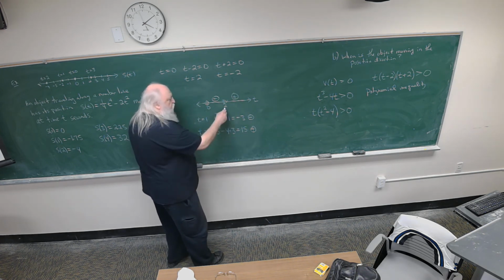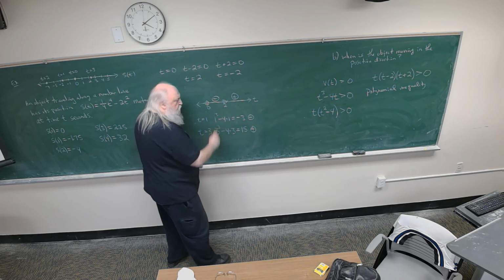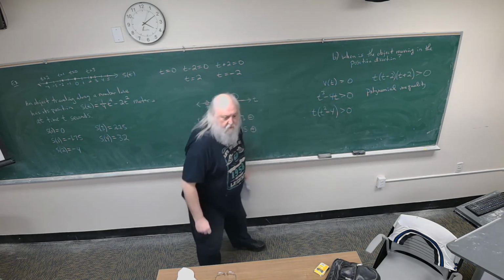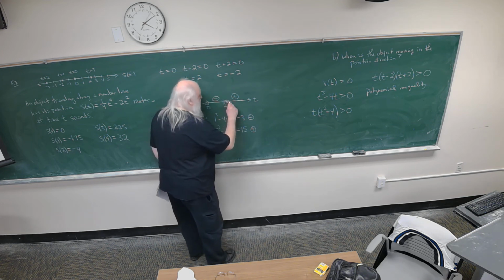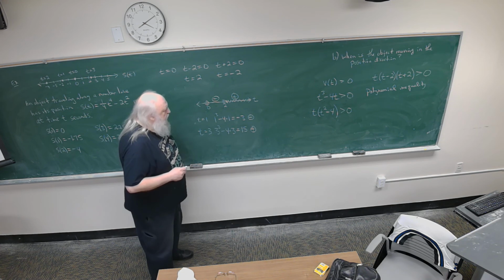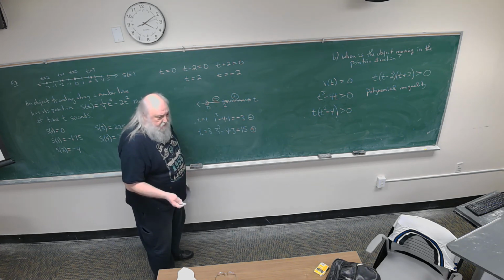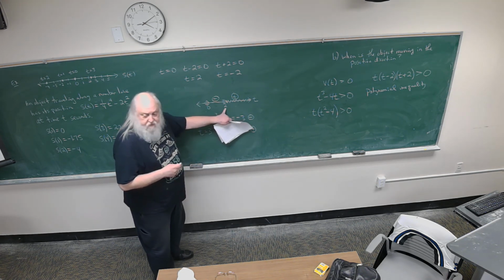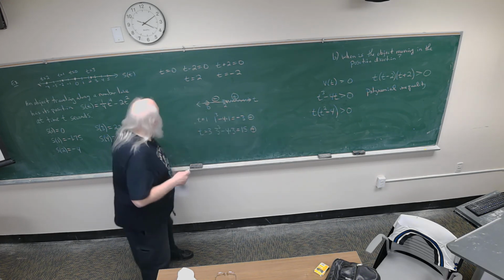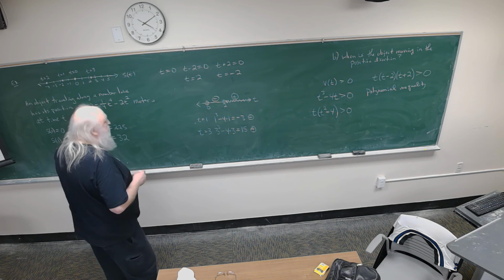So any number greater than 2 put in for t over here makes the left-hand side greater than 0. So that tells me that the velocity is greater than 0, or positive, for all time t greater than 2 seconds. Okay? Is it seconds? Yeah, seconds.